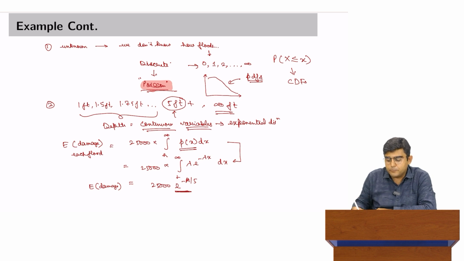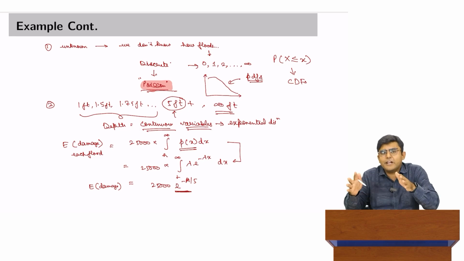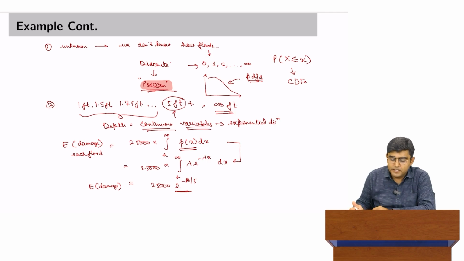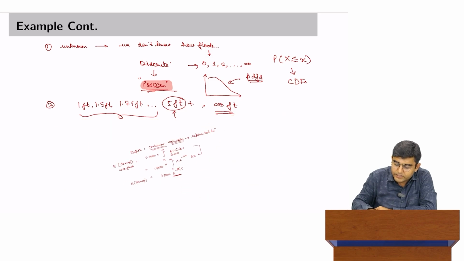Now, if I put h equal to 0, e raised to the power 0 is going to be unity, and hence the expected damage is $25,000. That means even if the height slightly exceeds the height of the coffer dam, I am going to have some amount of damage. Now, here we have not accounted for the number of flood events at all.